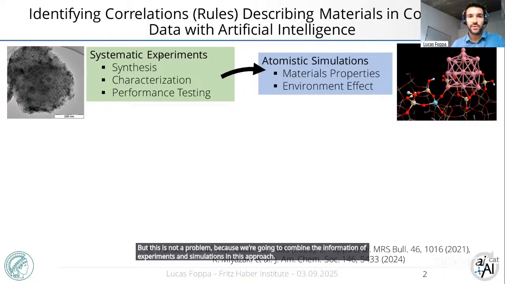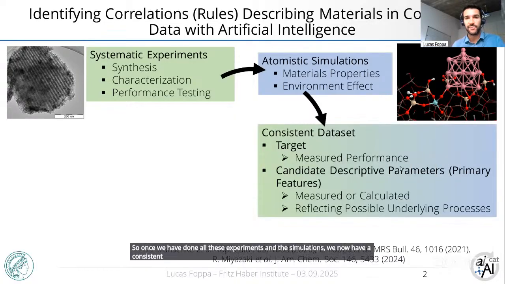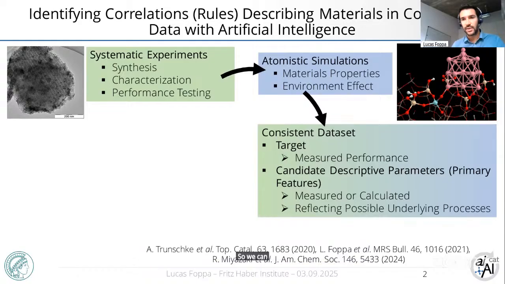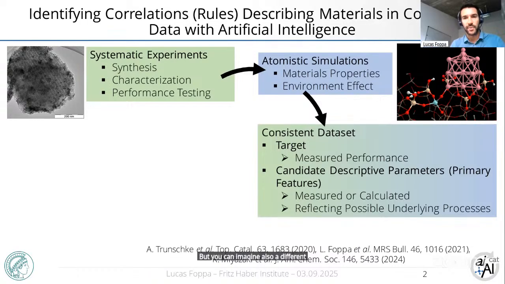So once we have done all these experiments and simulations, we now have a consistent data set that will have a target of interest, which is our measured performance. We can think about this, in the case of catalysis, as an activity or selectivity, but you can imagine also a different type of materials property, for instance, a band gap or a formation energy.